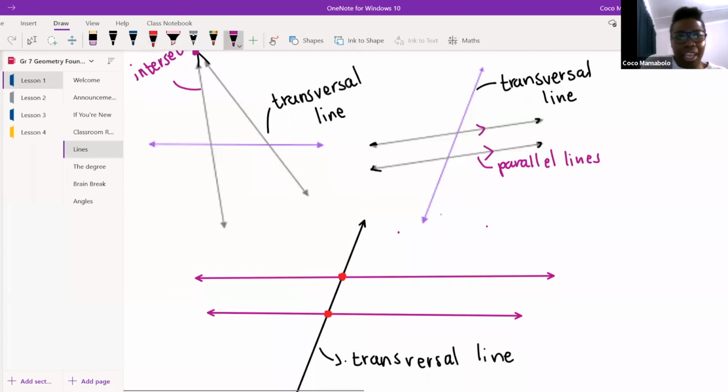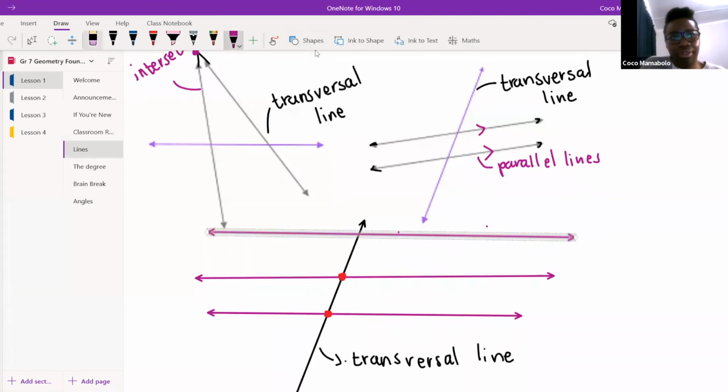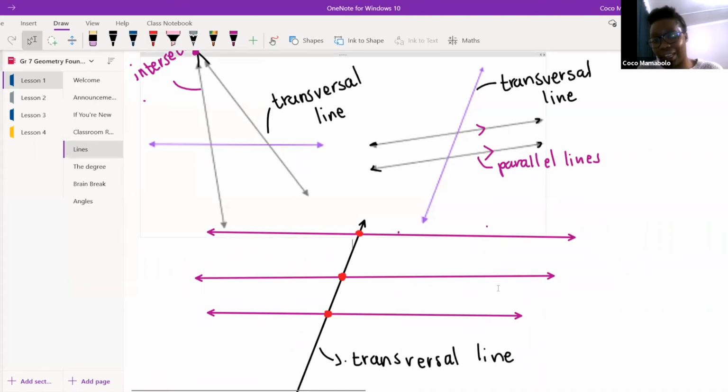If I decide to draw another line here, this means that this black line is still a transversal line. How many times does it cross? 3 times. So a transversal line is a line that crosses 2 or more. If I draw a 4th line and a 5th line, it's still going to be a transversal line.